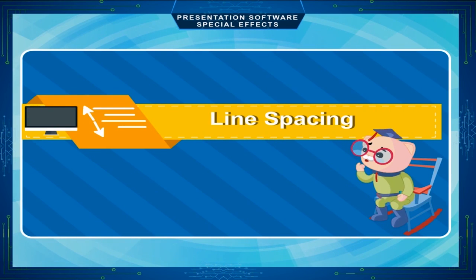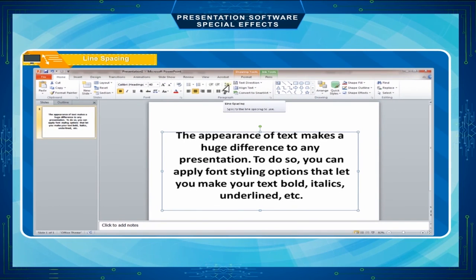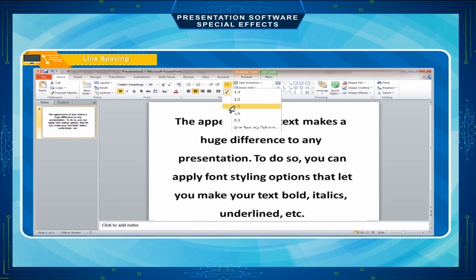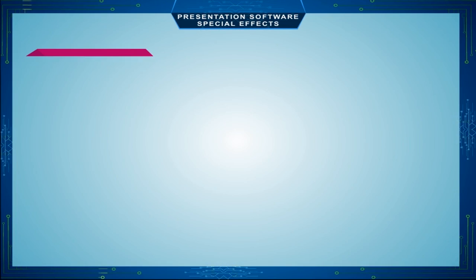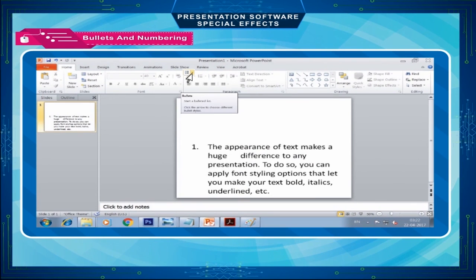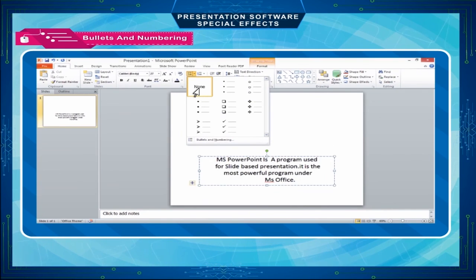Line spacing. This option is used to change the spacing between the lines of a paragraph. By default, the line spacing is 1.0, which can be changed as needed by selecting the line spacing option from the extended list. Bullets and numbering. Bullets option helps to select a symbol which is used for marking the list items in an ordered list.